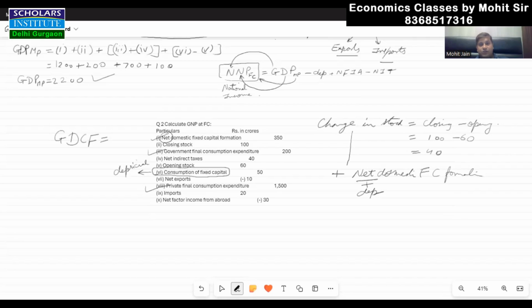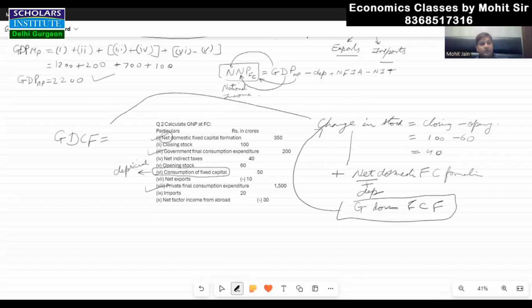If you add depreciation to it, what you will get is gross domestic fixed capital formation. Which means this plus change in stock will give you gross domestic capital formation. So let us calculate this.